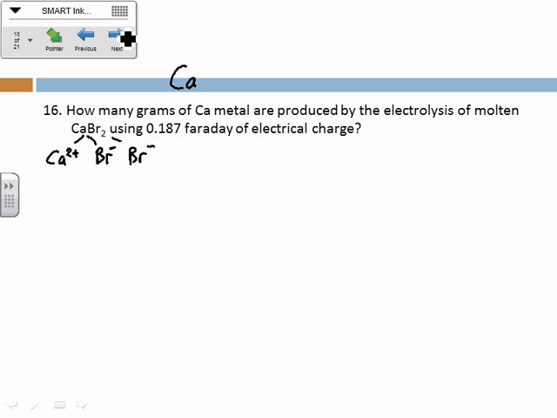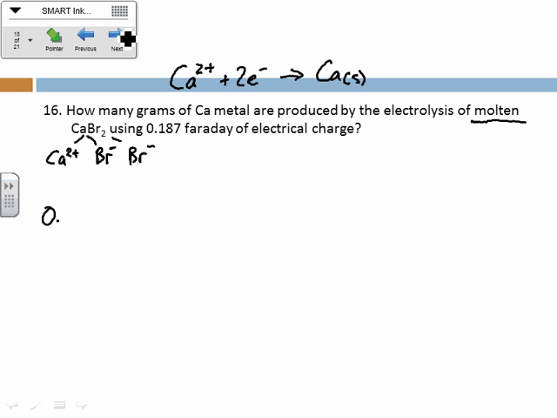And it's dissociating because we melted it. Molten means that we melted it, so there's no water in that solution. Okay. So we've got Ca2+, and we want to make solid calcium metal. So adding 2 electrons, this thing is getting reduced, so it's going to be solid calcium. So there's our chemical equation that we need for this one.